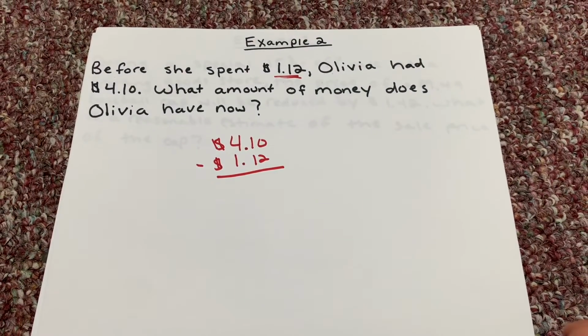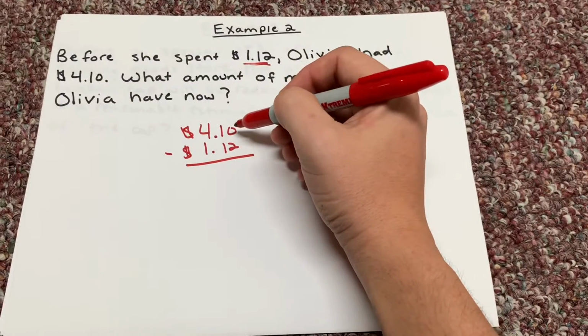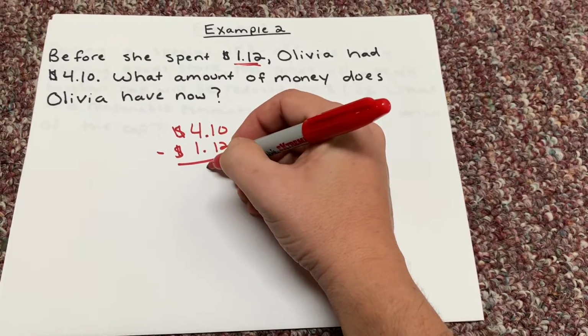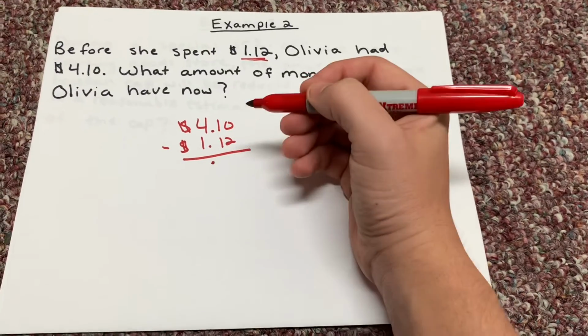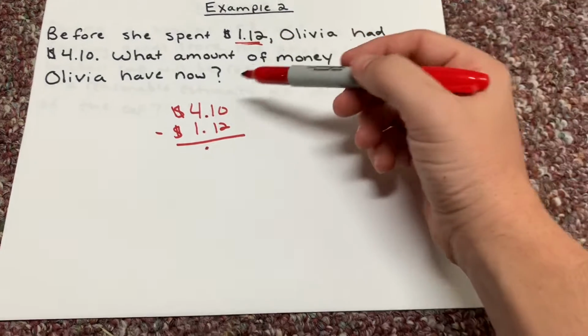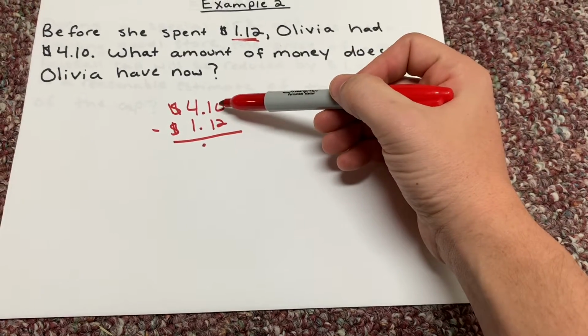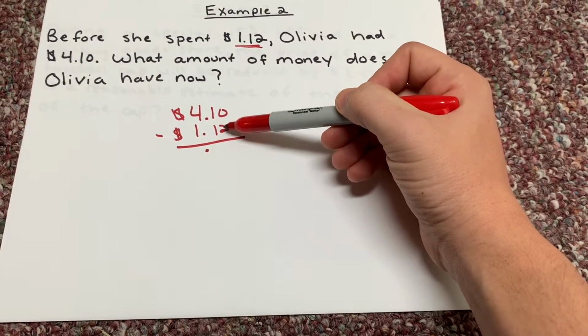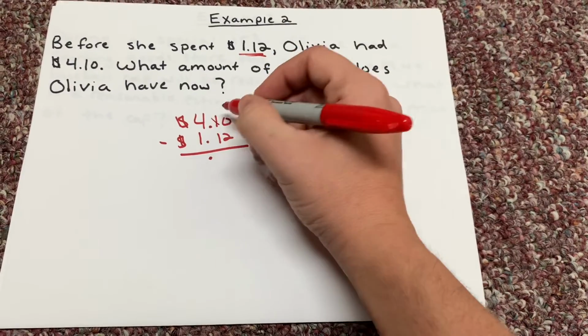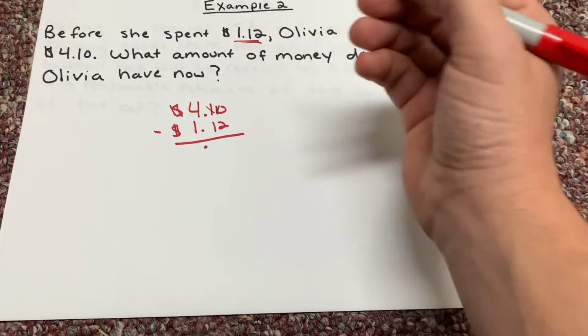Again, when I'm looking at this, I go to my column and I see I have 2 and 0. First thing I'm going to do before I even do that, fourth grade, is make sure I bring down my decimal for my money. So now I have in my first column a 0 and 2. Well, I can't take 2 from 0, so I have to borrow. When I borrow, this becomes 10.